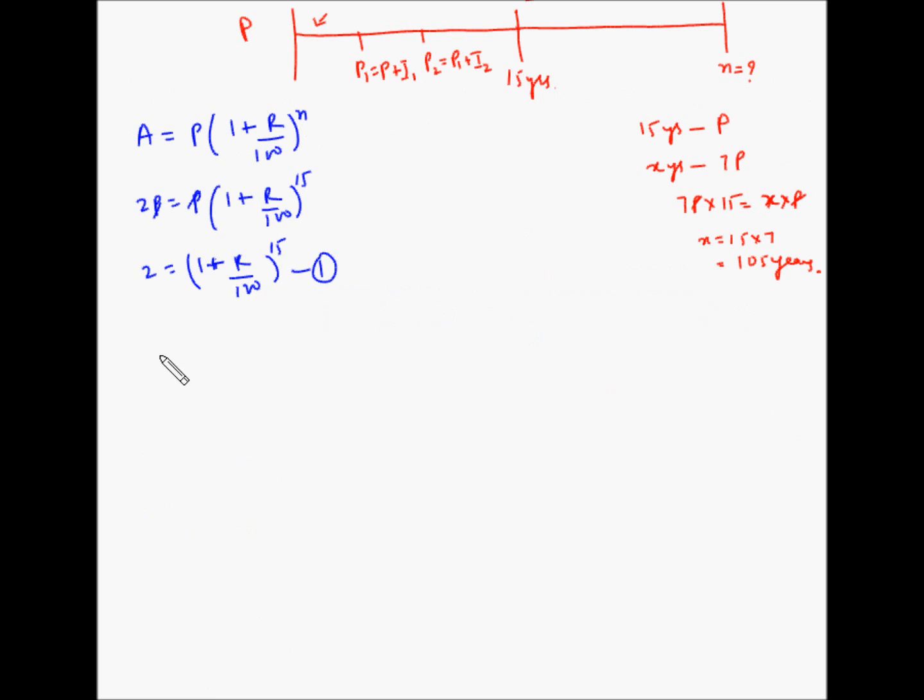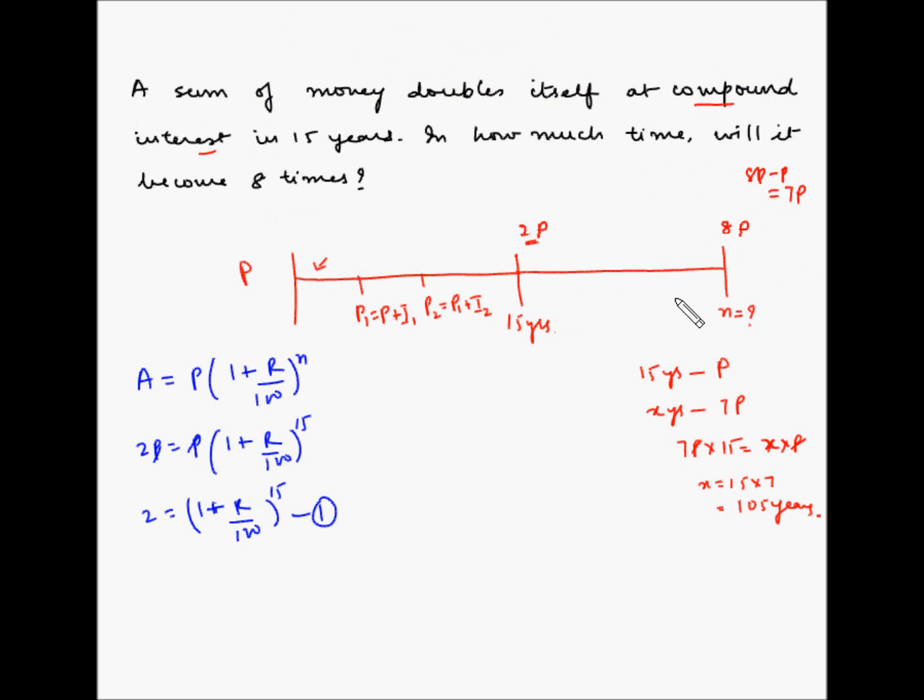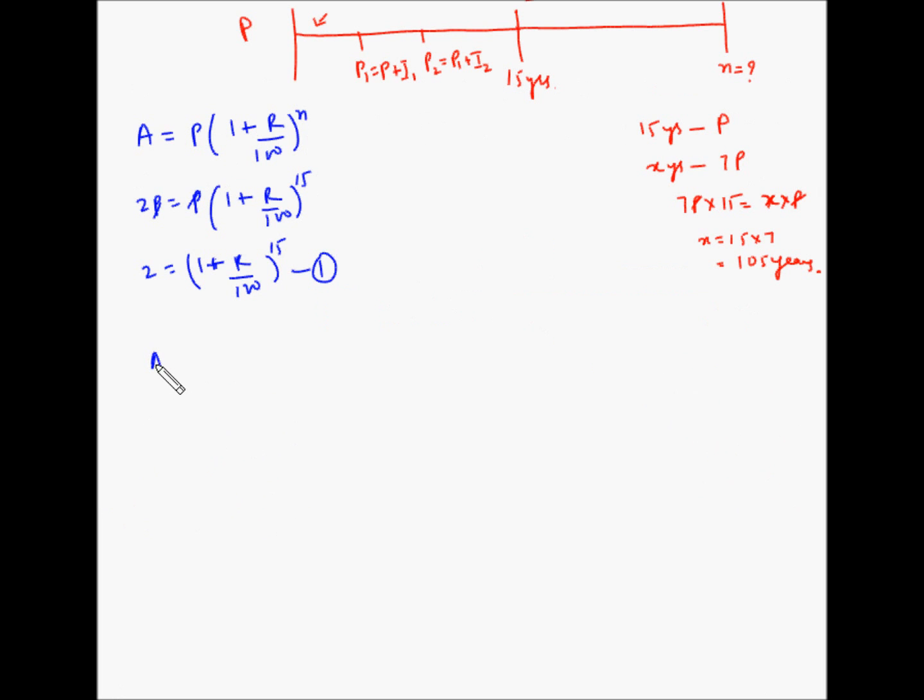Now we want to find out within how much time the amount will become 8 times. So again, A is equal to P multiplied by (1 plus R by 100) to the power n. So amount is 8 times P. This is equal to P multiplied by (1 plus R by 100) to the power n.